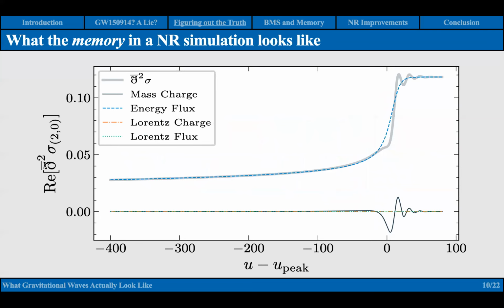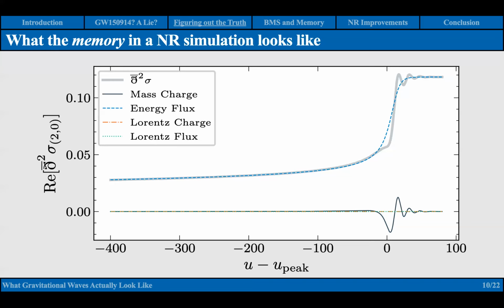It really ramps up during merger, and then there are some oscillations on top of it that eventually decay away to some final value. When people first discovered the memory effect analytically, they thought it would be really small, but for your typical binary, it's actually about 25% of the maximum value of your strain. So it's a really prominent effect.